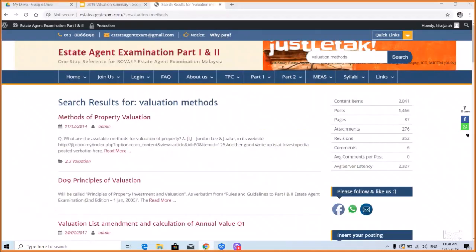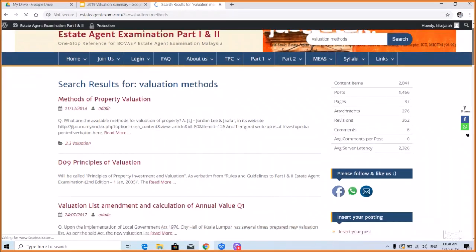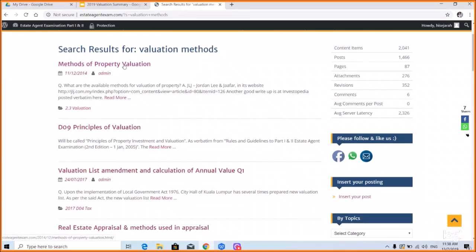If you go to the website and type valuation methods and search, these are a few good summaries that you can read. Methods of property valuation is quite a good reading.